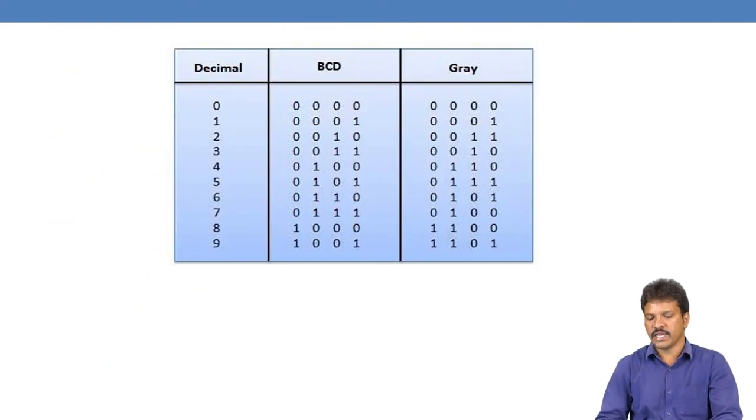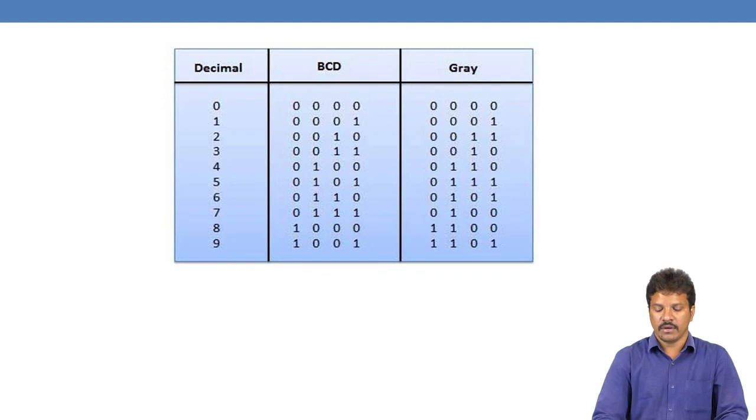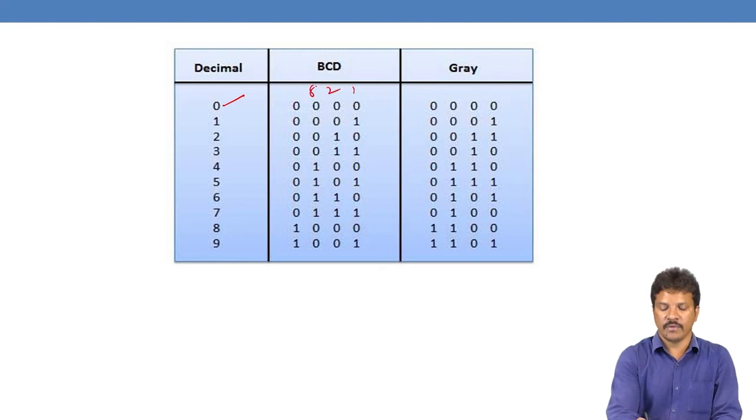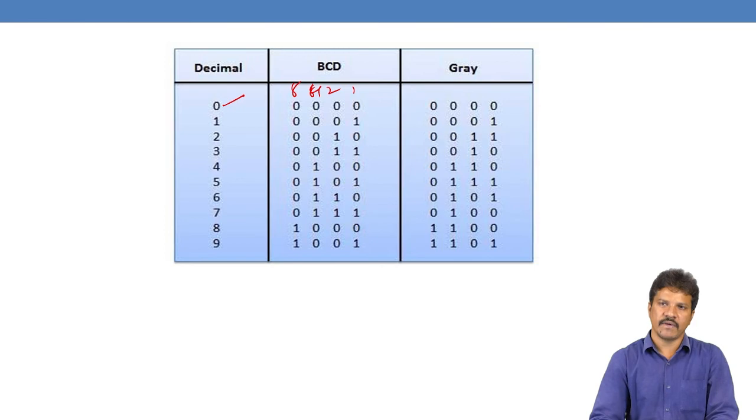And if you see this table, we have 10 decimal numbers. When we convert that decimal number into gray code, what is its corresponding gray value is shown by seeing this table. So if you create this table to get BCD and its corresponding gray code, 0 in BCD follows the 1248 code, but gray does not have any code.